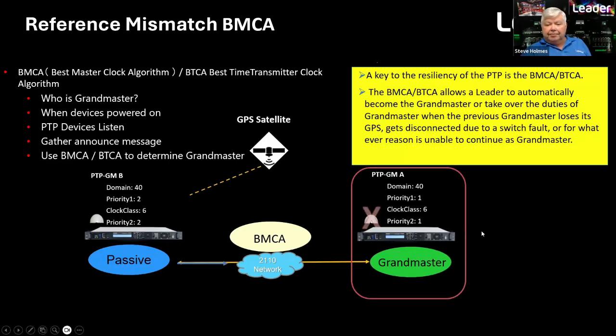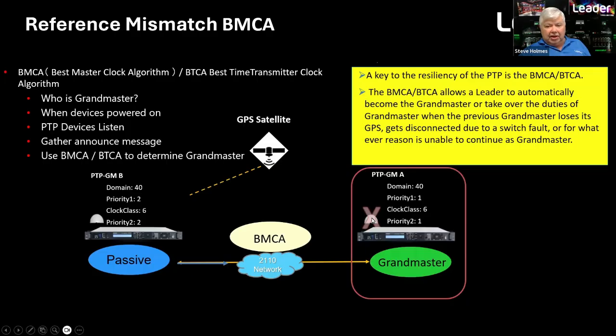But if you don't have priority 1 set correctly under this same scenario here, if you look, I have priority 1 of 1 here on the right, but I have priority 1 of 2 on the left. The second unit will never become the grandmaster until PTP is 100% missing.